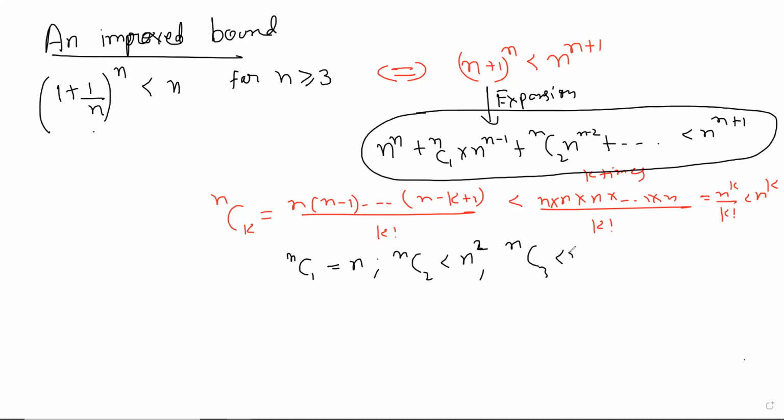How can we use these things? So these things we have. The hint is that you have to just use it in the simplest way. It's just replacing n choose k by n to the power k.